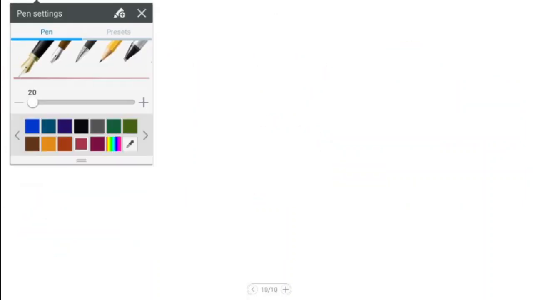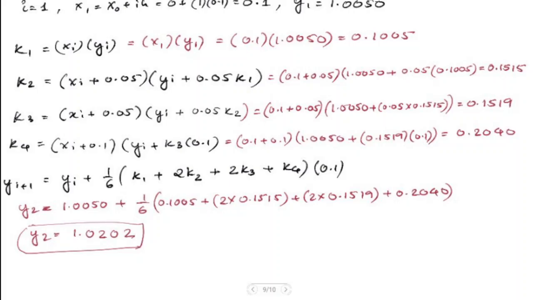Now we'll go ahead and calculate now for y3. So we'll take i equal to the values that are above it. So for i is equal to 2 now, and x2 and y2. So i is equal to 2, x2 is x1, which is 0.1, plus h, which is 0.1.